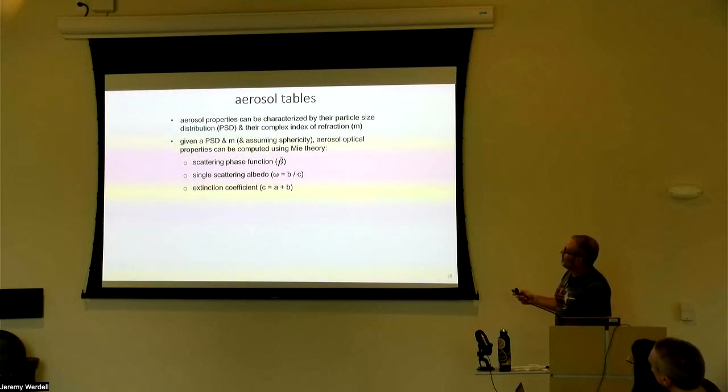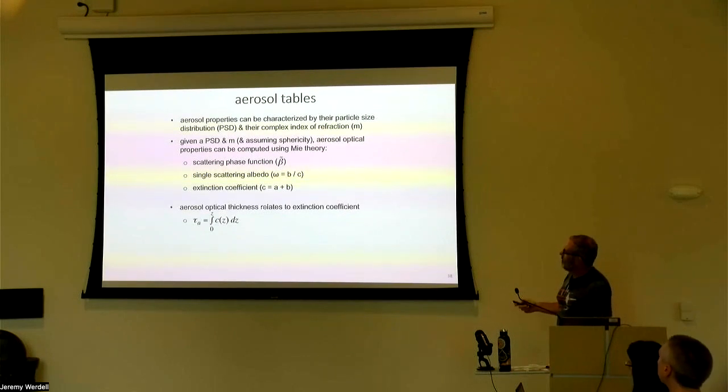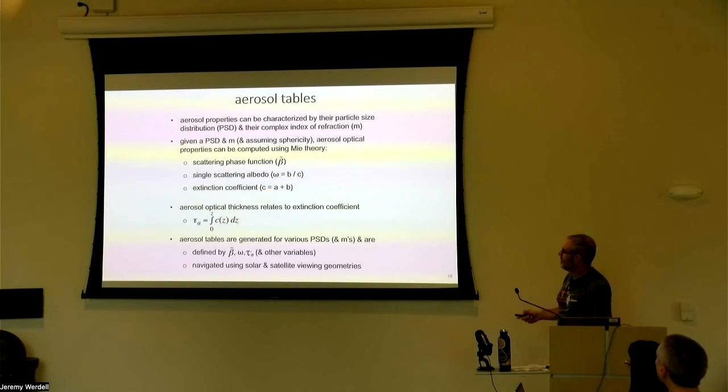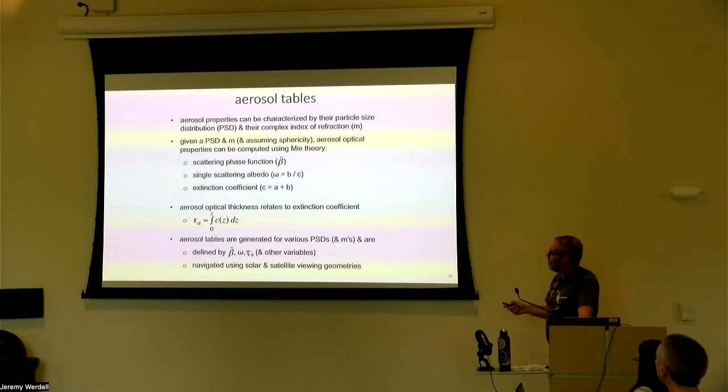So you come out with a scattering phase function, a single scattering albedo, an extinction coefficient, and then you can relate what we really care about, which is aerosol optical thickness, to that extinction coefficient. And then you generate a series of different tables for combinations of particle size distributions and indices of refraction. And those lookup tables are defined by basically the values that you calculate from Mie theory.